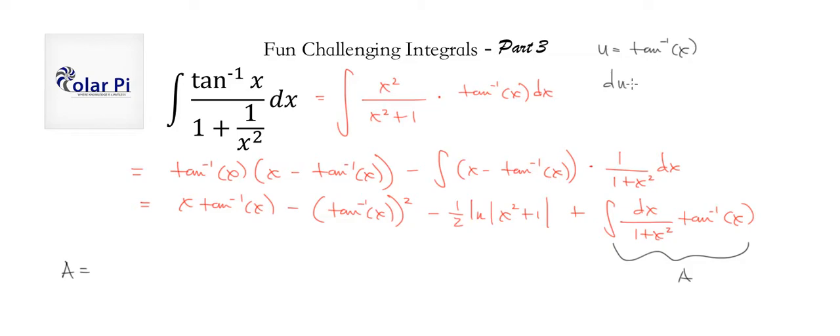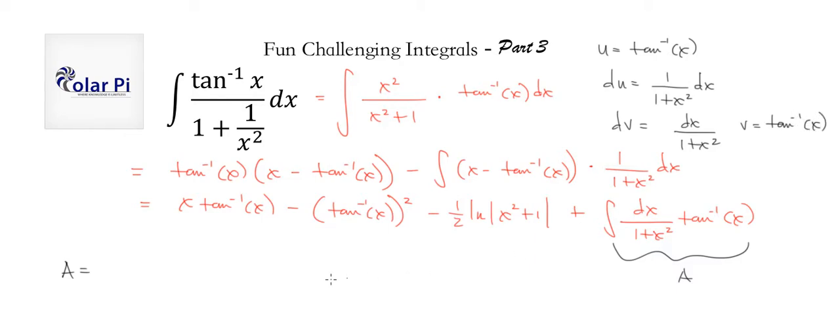So du is going to be 1 over 1 plus x squared dx. And then let's pick dv to be dx divided by 1 plus x squared, so that v is going to be tan inverse x.